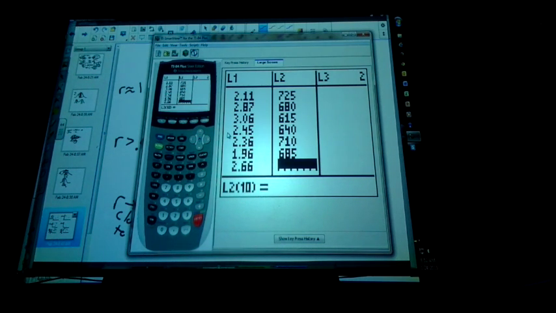And 2.66 with 610. Okay. Typically, you should try and match up, make sure your data works.